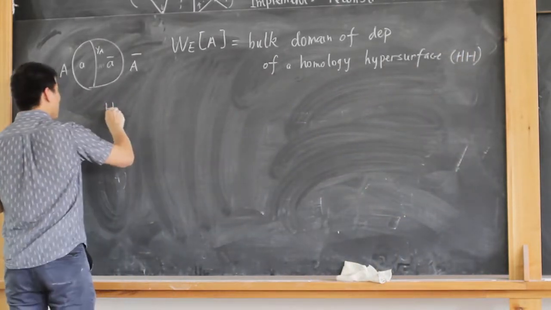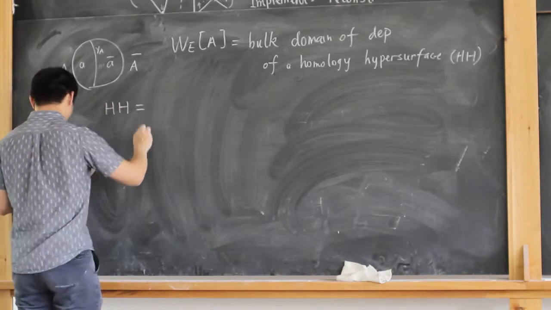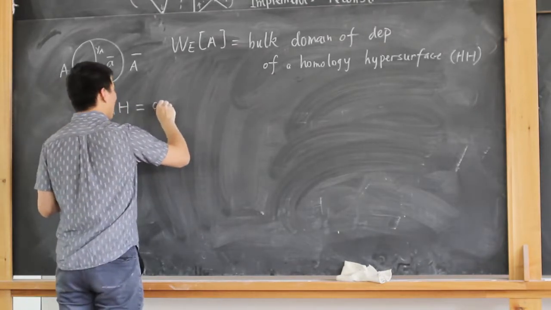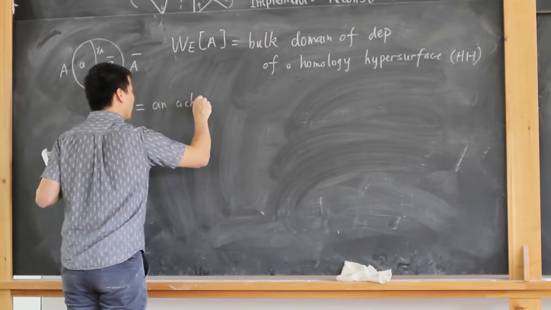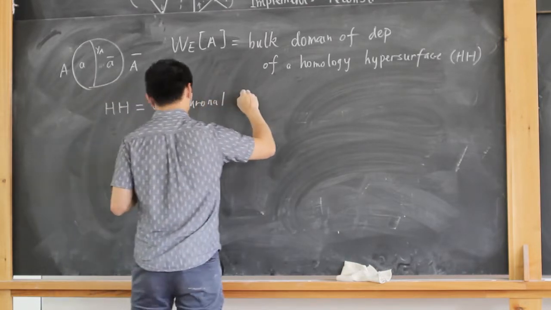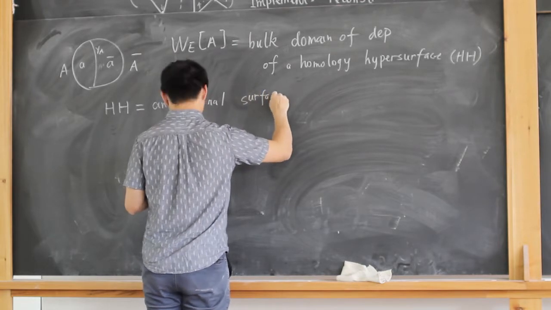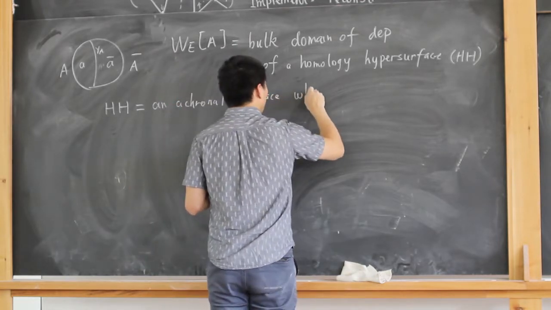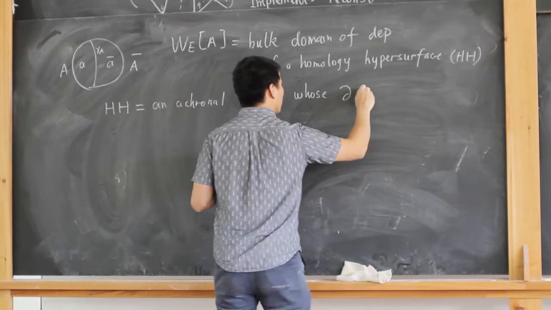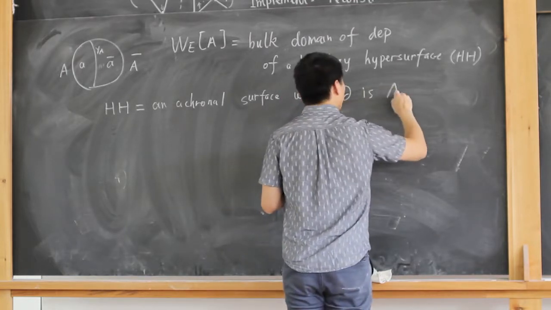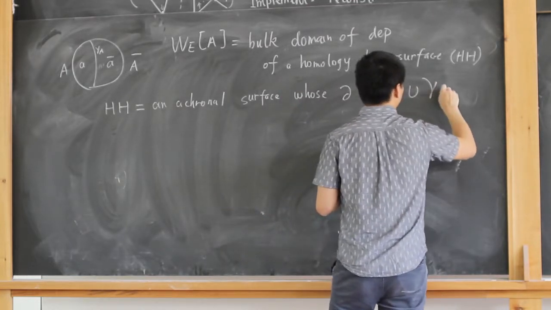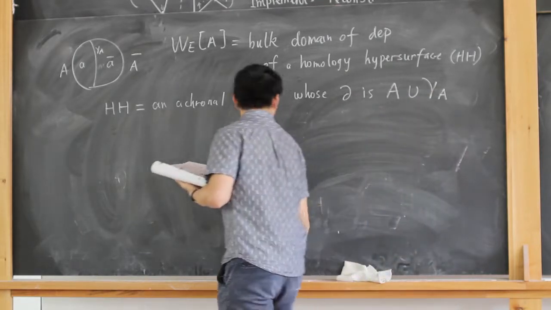And a homology hypersurface is in turn defined as an achronal surface in the bulk whose boundary is the union of A with its extremal surface.